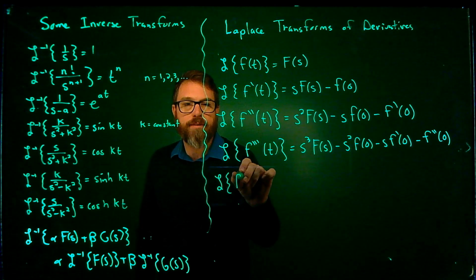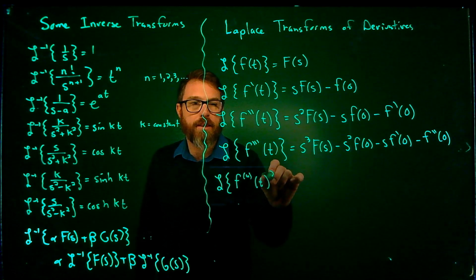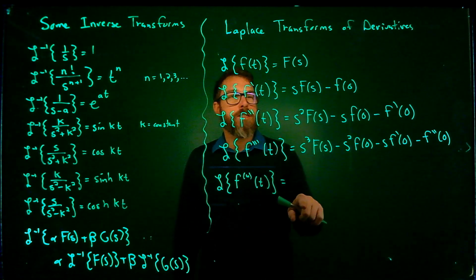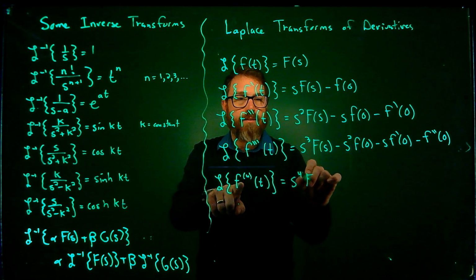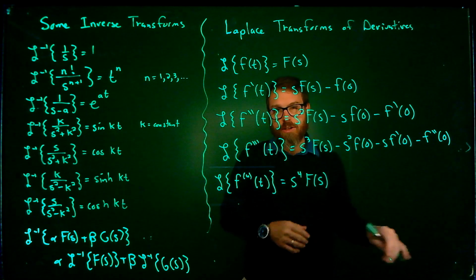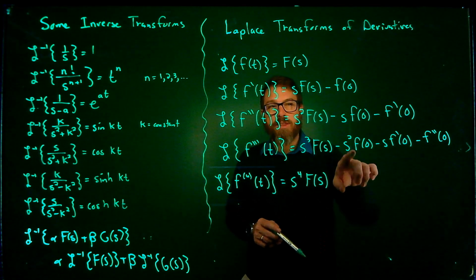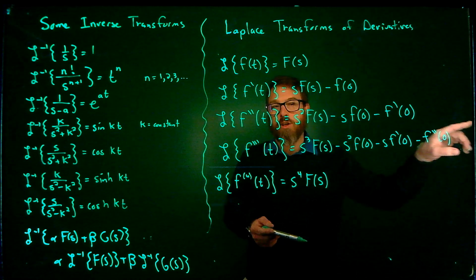So let's say f to the fourth of t. What we can see is that we're going to start out with s to the fourth times capital F of s. Now what's going to happen is that your powers of s are going to decrease, and the little function f is going to start at the original function, and it's going to increase its primes.